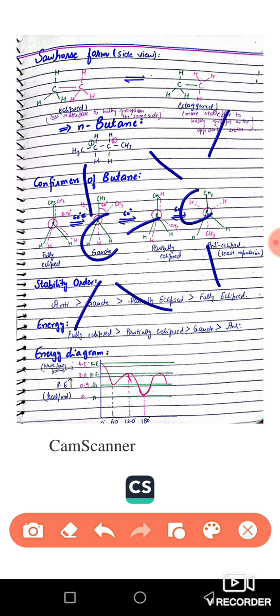In the staggered form, the bulky groups are at the maximum distance, so it is more stable and has less energy. Now we are going to discuss the conformers of butane in the next video.